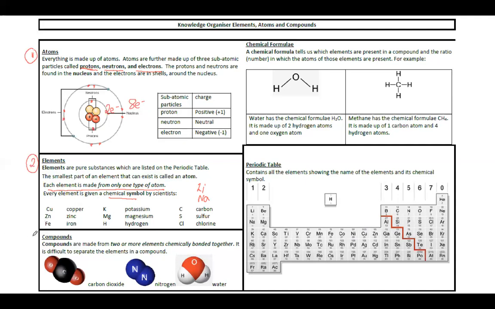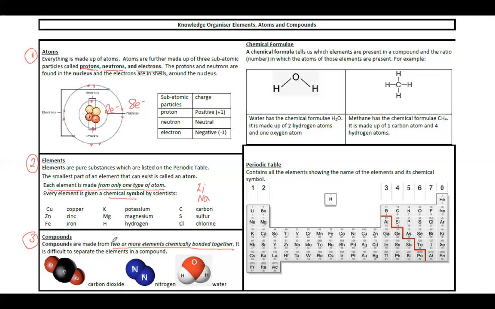Then you would have had a look at compounds, and compounds are made from 2 or more elements that are chemically bonded together. For example, carbon and oxygen make up carbon dioxide because they are chemically bonded together. In water, we have hydrogen and oxygen chemically bonded together.